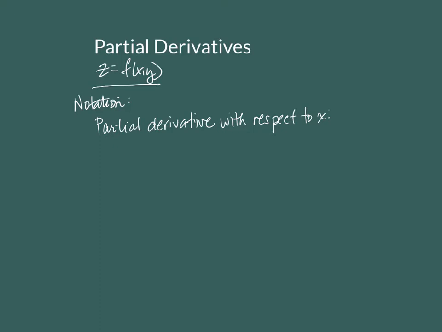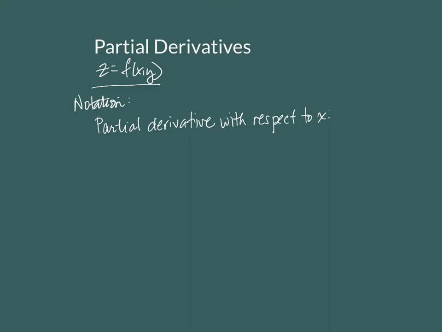Since we are only going to be working with one variable at a time, examining the rate of change with respect to one variable at a time, we're going to call these partial derivatives, because we're not finding the full derivative, right? We're not finding the full rate of change of this function, just the rate of change of the function with respect to one variable at a time. So that's why we call these partial derivatives.